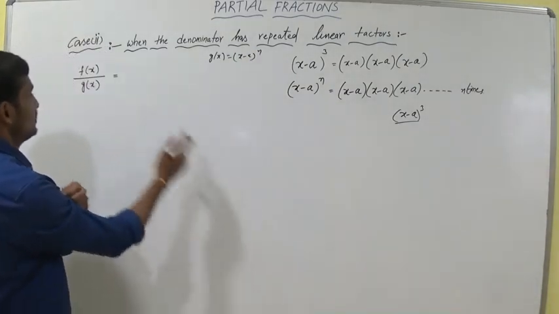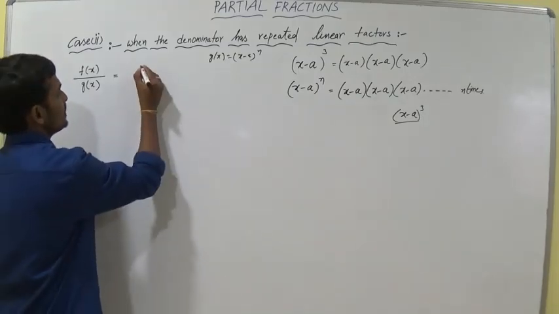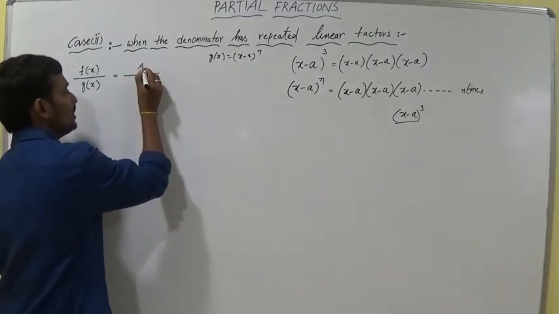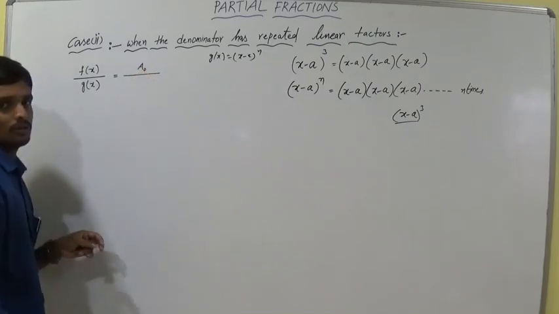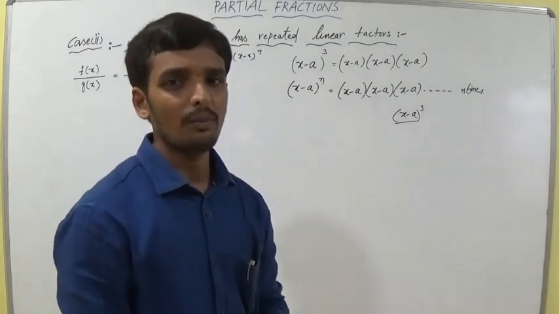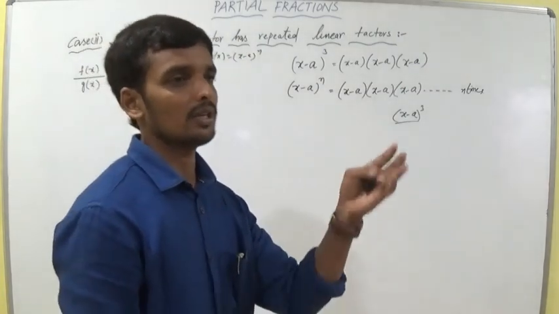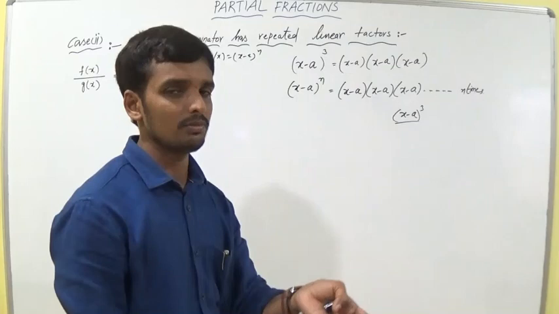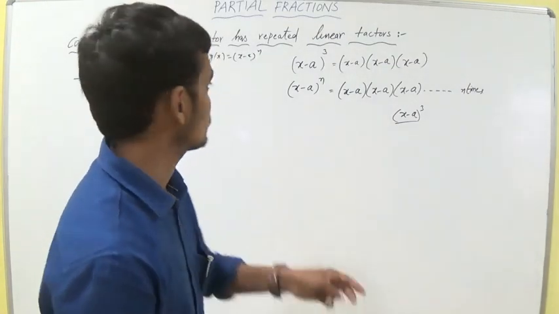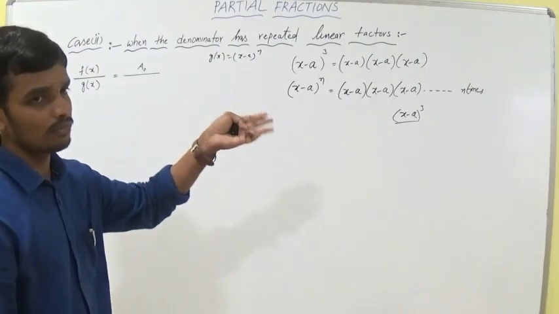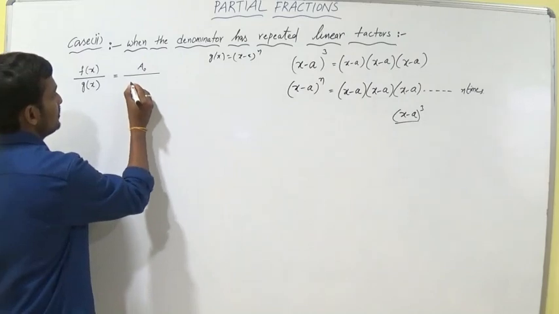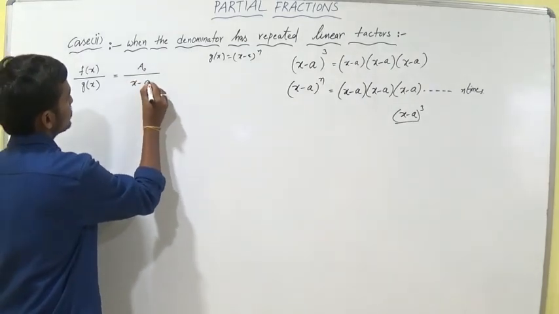For example, we use the letters a naught, a1, a2, a3 and so on. We cannot just write a, b, c, d, e, because a to z is only 26 letters, and after that there would be confusion. That's why we use a naught, a1, a2, a3, a4, a5 and so on. Observe clearly.